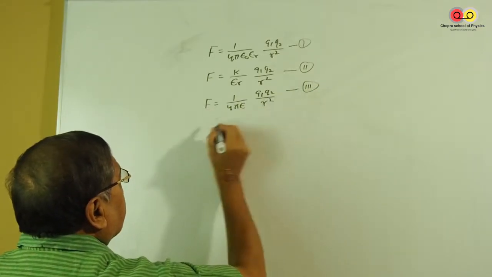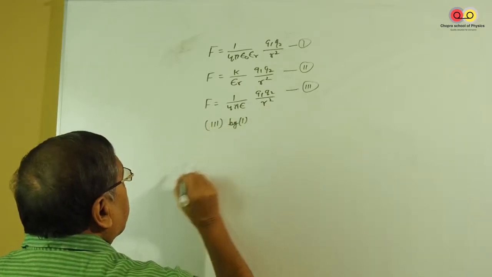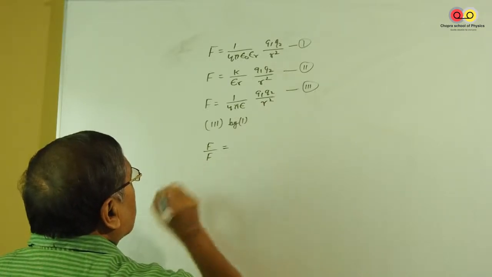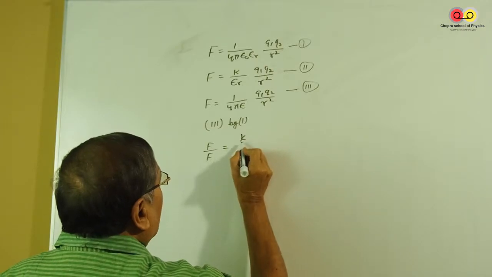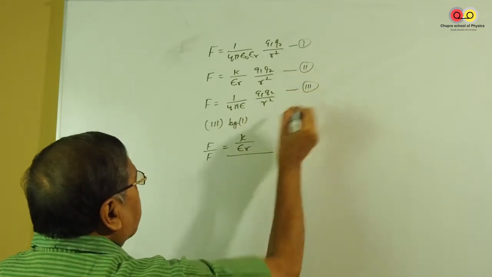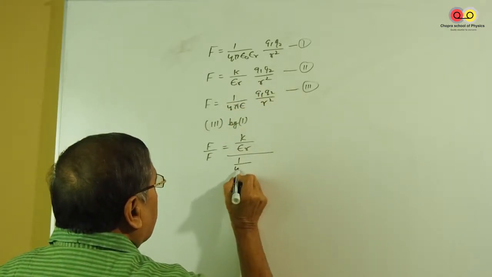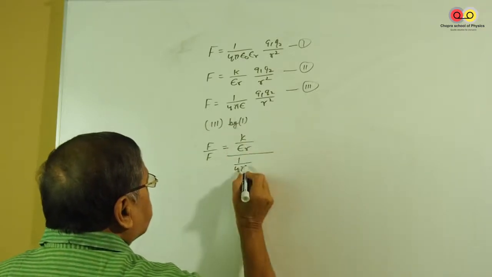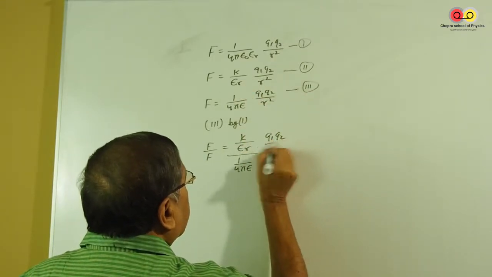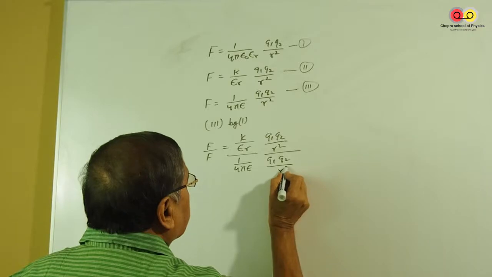If we divide 3 by 1, we can write F by F equals, taking the second and third equations, k over epsilon r divided by 1 over 4 pi epsilon, and q1 q2 divided by r square divided by again q1 q2 divided by r square.